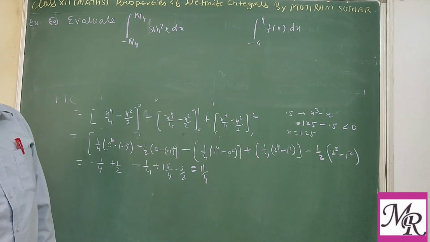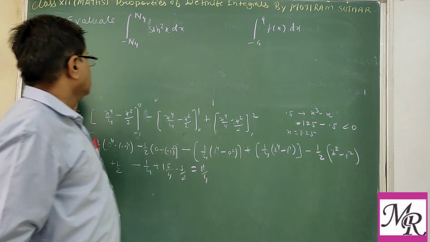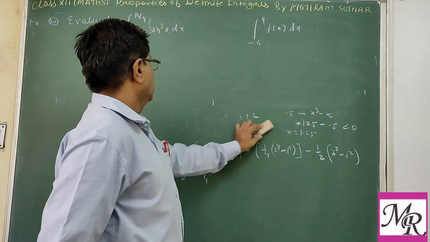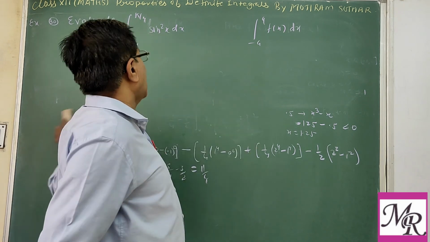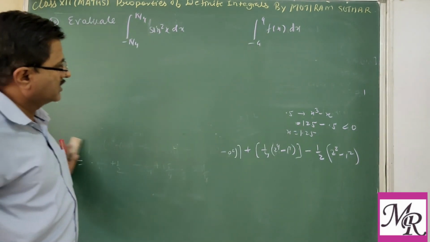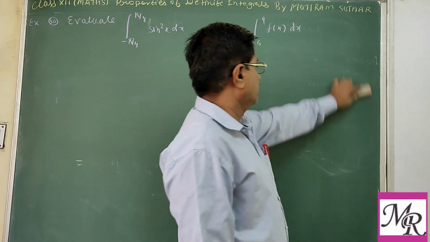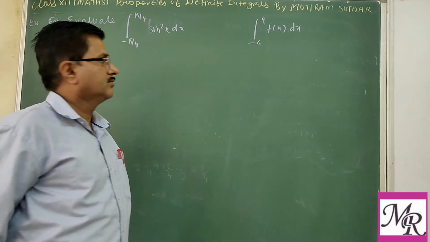either 0 or twice the integral from 0 to a of f(x). So first of all you have to check whether the given function is an even function or an odd function. We know that the sine function is an odd function, but here it is squared.